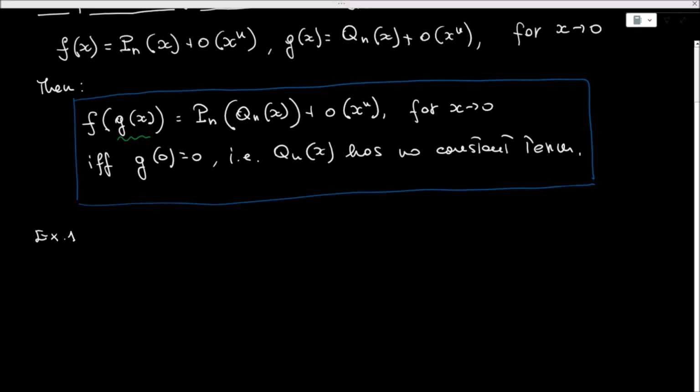Okay, let's give this example. Let's suppose that we need to expand e raised to the sine of x up to n equal 4.